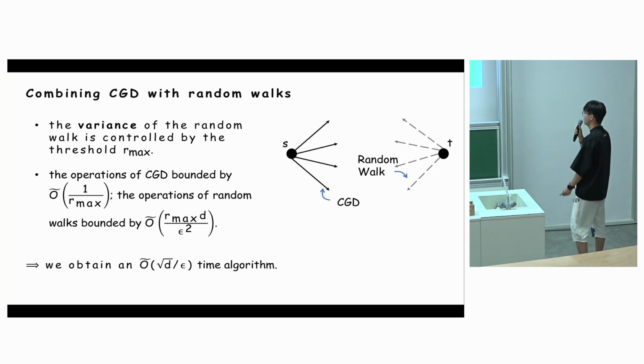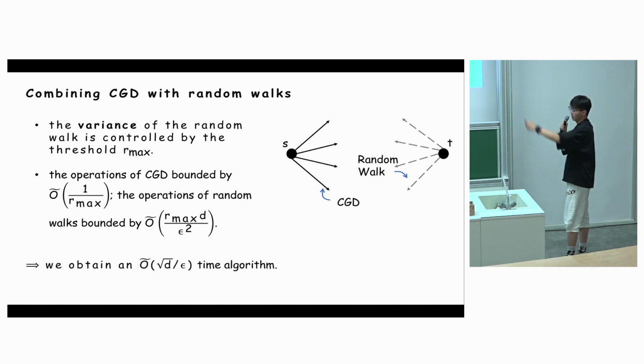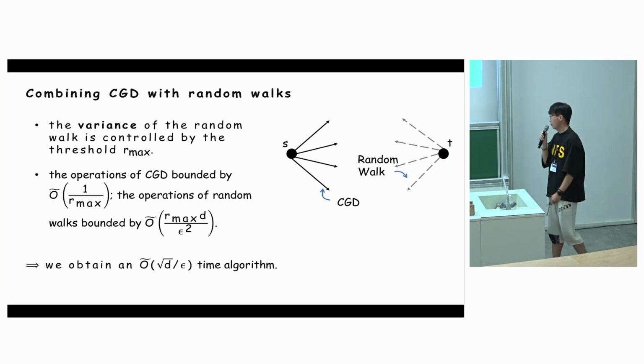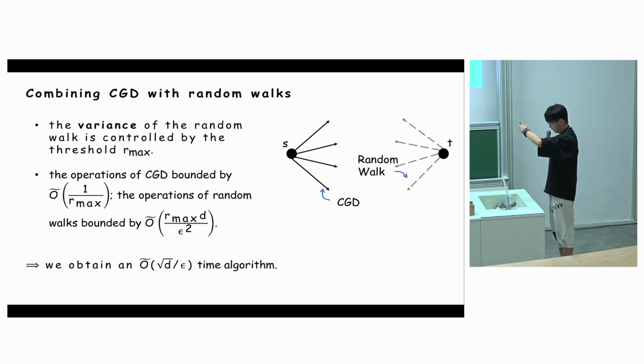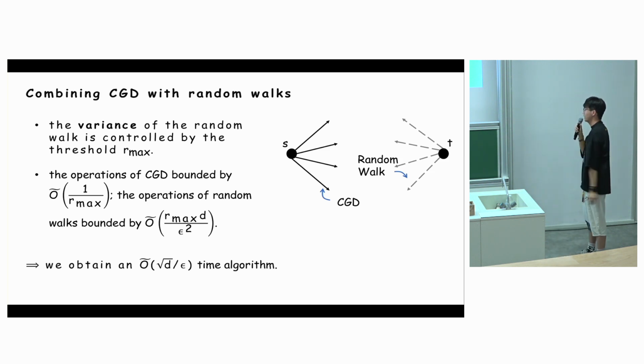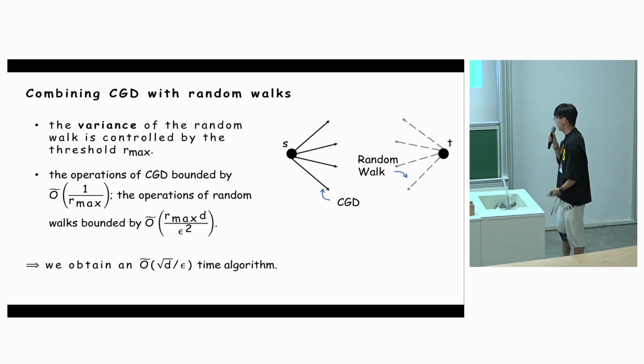The operations by the deterministic part are bounded by O(1 over Rmax), and the operations by the random walks are bounded by O(Rmax D over epsilon squared). By setting a suitable threshold Rmax, we can obtain an O(root D over epsilon) time algorithm, which implies an improvement over the approximation parameter epsilon.